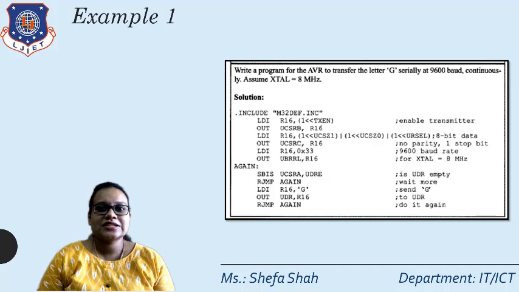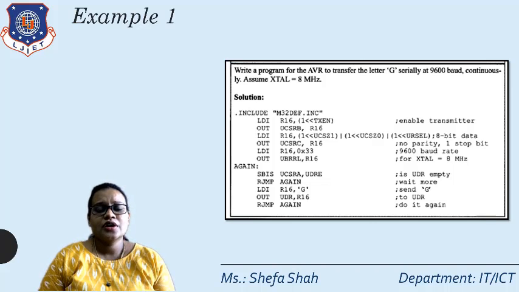So LDI R16 and in single quotes, G. It will take the ASCII value of G, then OUT UDR, R16, and last RJMP again.